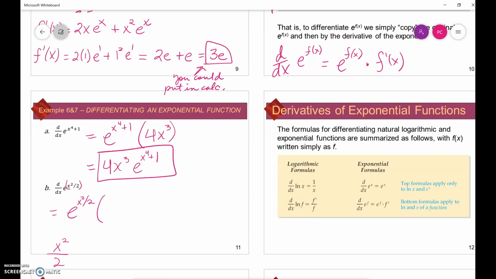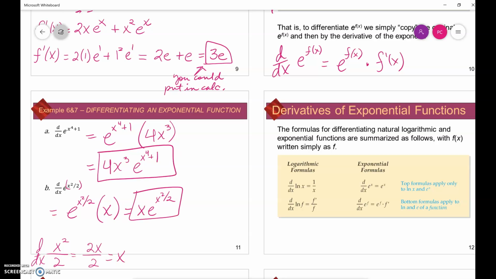So when I take the derivative of x squared over 2, my 2 comes out front, and I have 2x over 2, which reduces to just x. So I'm just multiplying by an x. And again, we're going to pull that x to the front, just so we know for a fact it doesn't go in the exponent. And I have x e to the x squared divided by 2. And you're done. That's it.